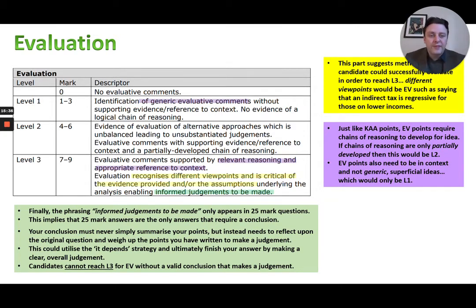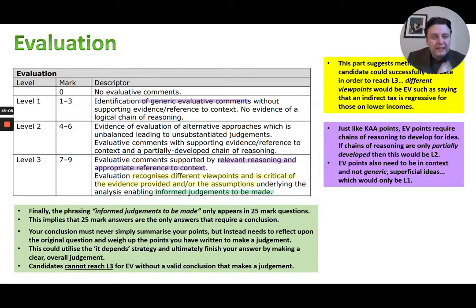And then finally, this is an important bit, the phrasing "informed judgments to be made" only appears on the 25 markers. This implies that the 25 mark questions are the only answers that require a detailed conclusion. So your conclusion must never summarize your points. It must reflect on the question, answer the question and weigh up the points that you have written to make a judgment.